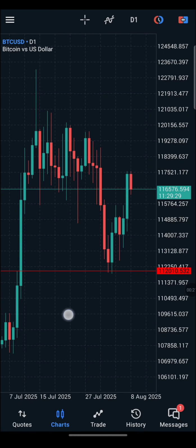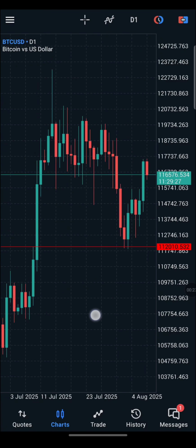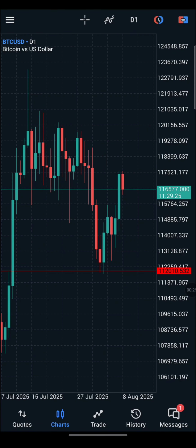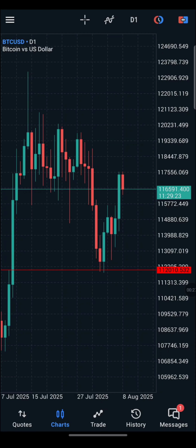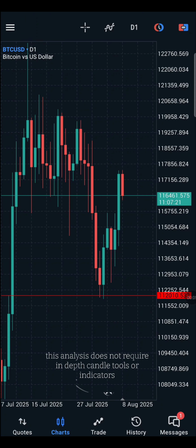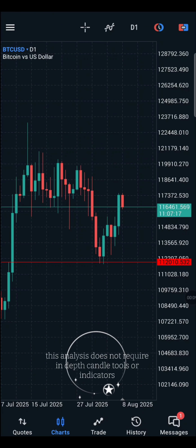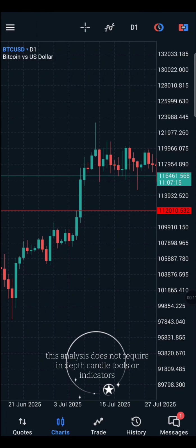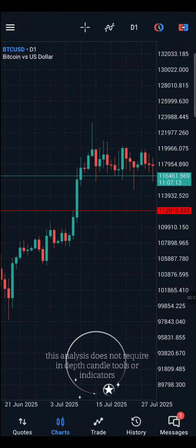And the asset we're using is Bitcoin. This is the US dollar at D1. The ultimate hack of this video is that you don't need to know the candle patterns or the candlesticks. Don't need to know the moon signs or trading on whatever signals you have, the Fibonacci.